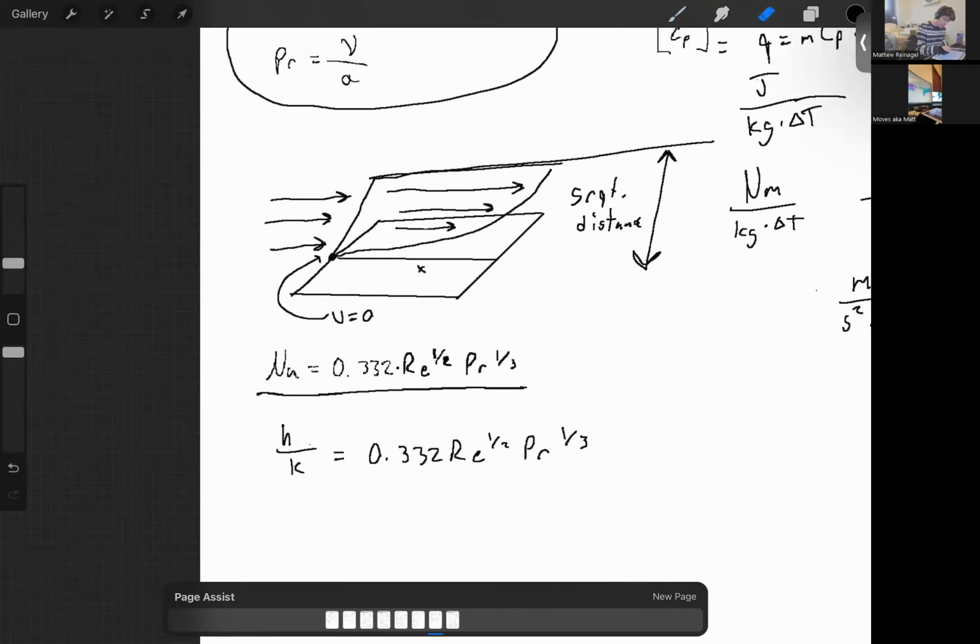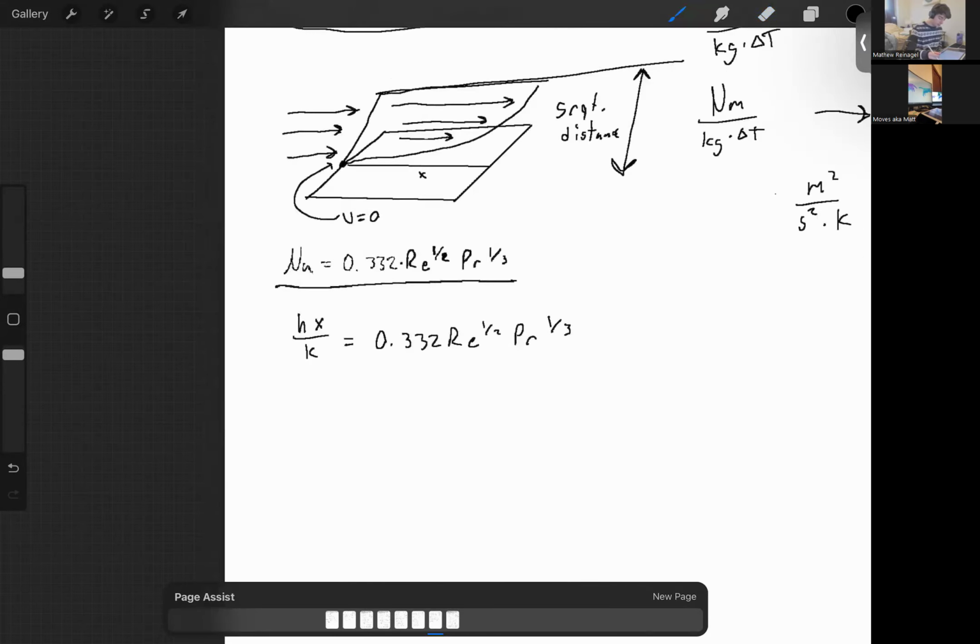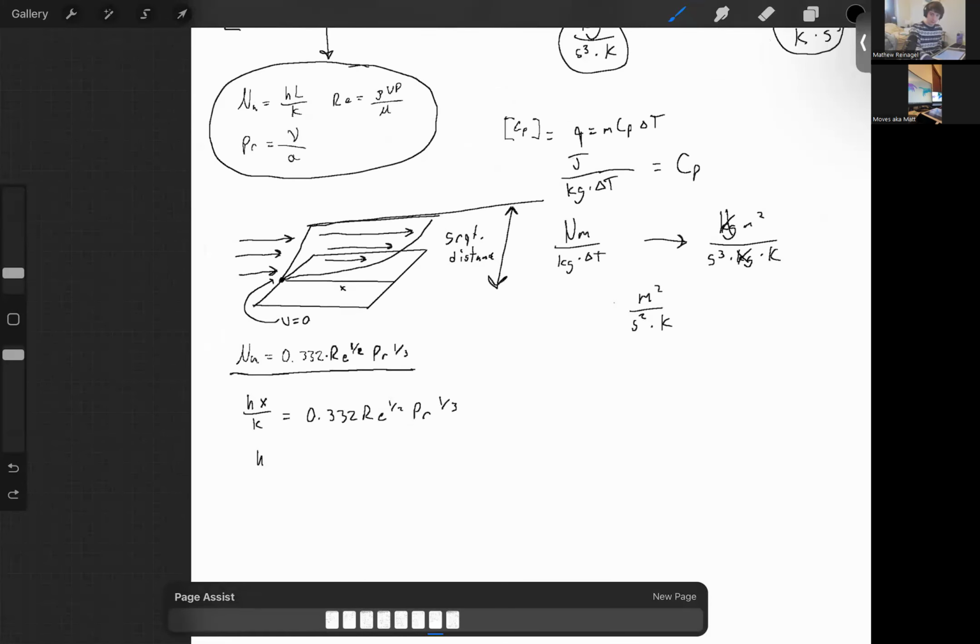I'm going to say that this is H multiplied by X. What I can do is simplify this expression, and move X over to the other side. Specifically, what I can do is, oh wait, actually, sorry, let me make sure my math is right here really quick.